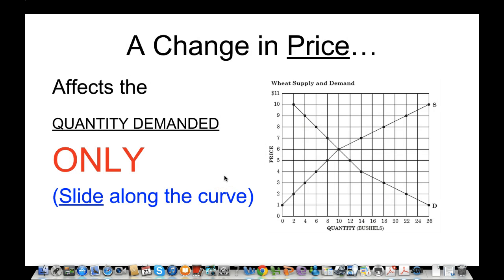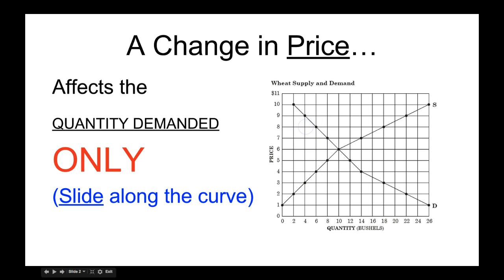Another thing you should know about demand curves and supply curves is that there is a particular thing that, for whatever reason, economists love to differentiate: when there's a change in price, that affects the quantity demanded only. That's key, that's why it's underlined. Therefore you're going to see a slide along the curve. What do I mean by a slide? Take a look at the chart on the right-hand side.